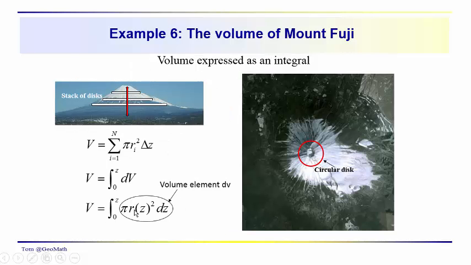So in this integral formulation, we're showing it more the way we would go about it, where r is a function of z, and we have the area of individual disks as pi r of z squared over the step dz, infinitesimally small step dz.